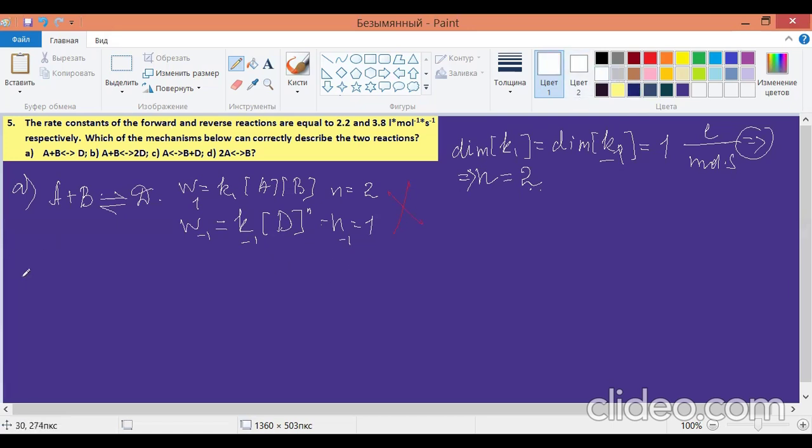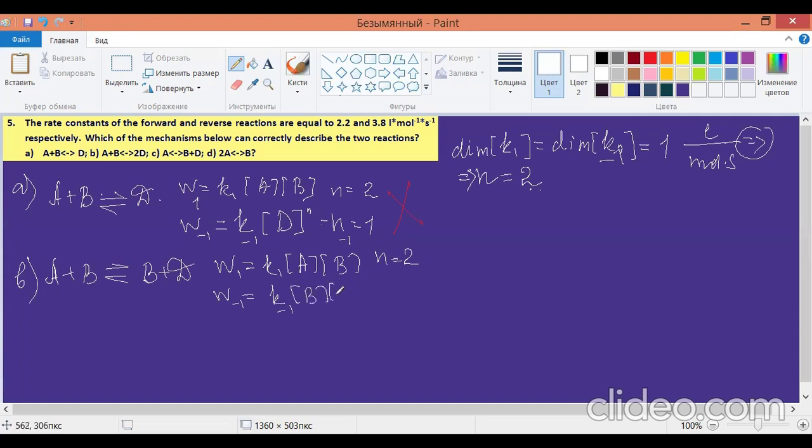Let's take a look at option B. A plus B, the products are B plus D. Here, everything seems all right because the rate of the forward reaction is k1 times A times B, and it means that n is equal to 2. That's for the forward reaction, and the rate of the reverse reaction is k sub minus 1 times B. Oh, I'm sorry.